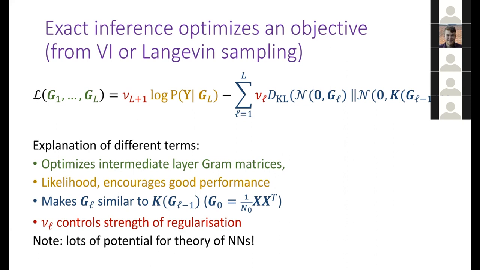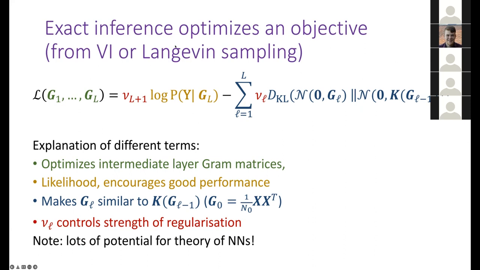Before we get on to more practical considerations, it's worth noting that this has a lot of potential for the theory of neural networks. I'm not sure if anyone is aware of this literature, but physicists do a lot of thinking about finite width neural networks, and they apply lots of very, very complicated perturbative approaches. Ultimately, it's all really hard, because they're trying to consider the finite width setting.